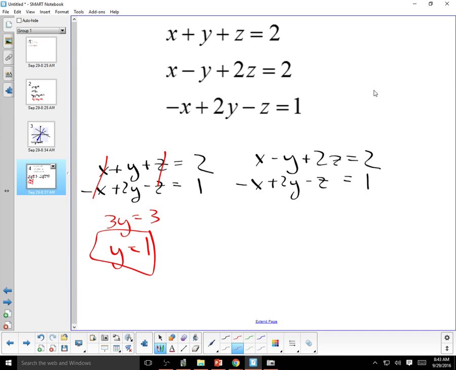Over on the right side, I kind of chose it this way, right? Because I knew what was going to happen with the x's. X's, gone. Y plus z is equal to 3. I'll pause there.